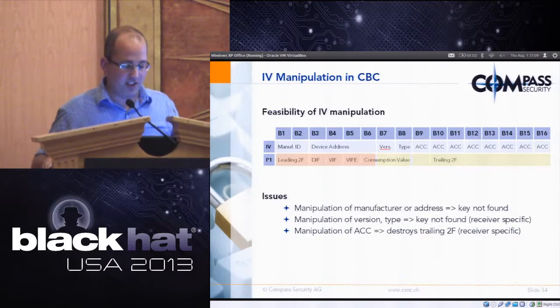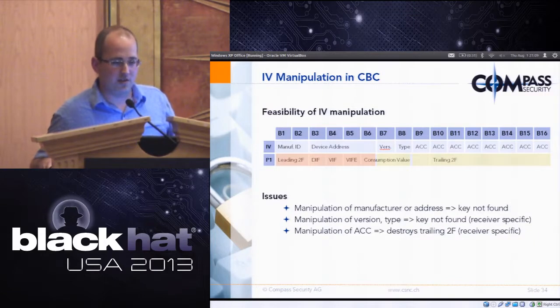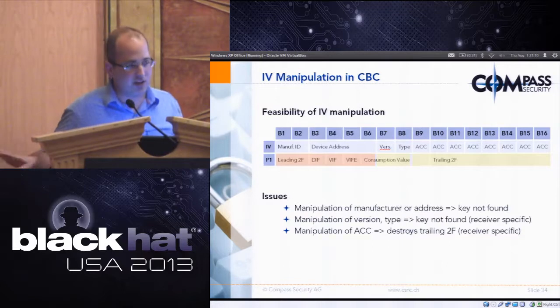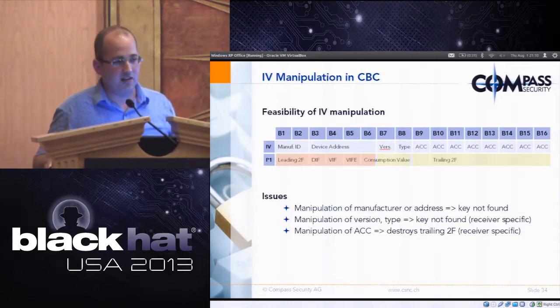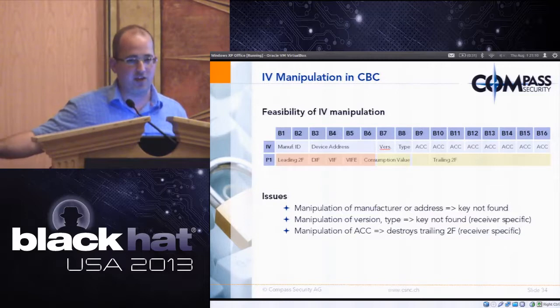And we do have the message number, which we can manipulate, but it actually destroys the trailing 2F. The 2F is the padding of the message. There are actually implementations which take care whether there is 2F at the end, and there are implementations which don't, because the structure of the data does basically tell the program how long the information is, and therefore there's no purpose to look at what the remaining information, the 2F, is.